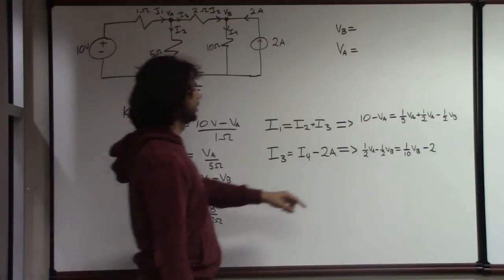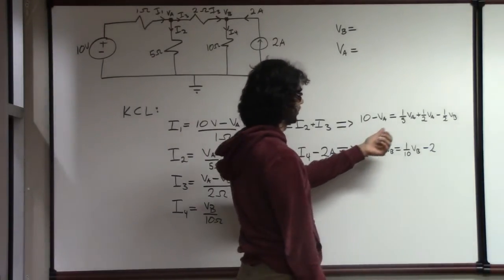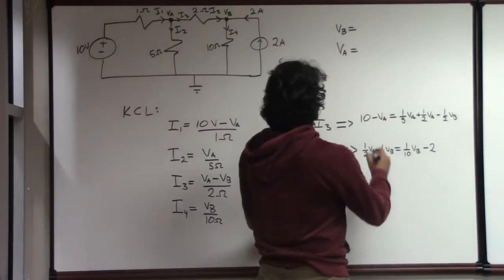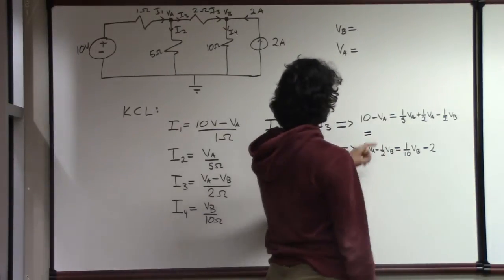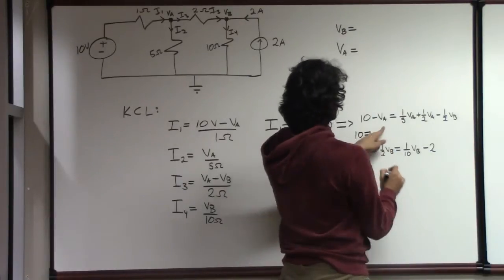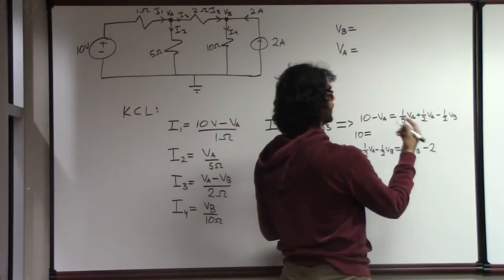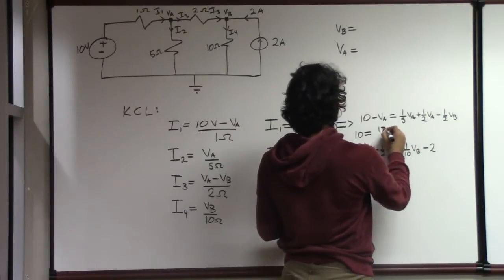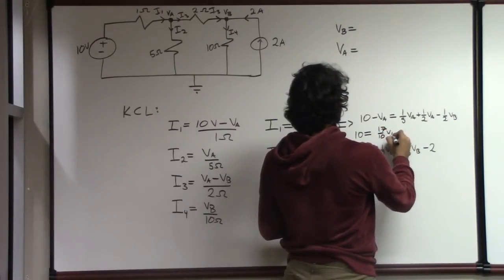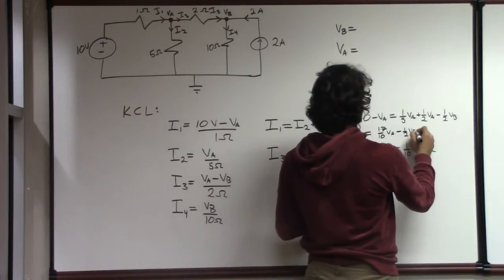What you notice is we end up having a system of equations in terms of both of them. If I simplify this a little bit more, then I'll get, so let's see, 10 is equal to, so 1 plus 1/5 plus 1/2, that's going to give me 17/10 VA, and then minus 1/2 VB.